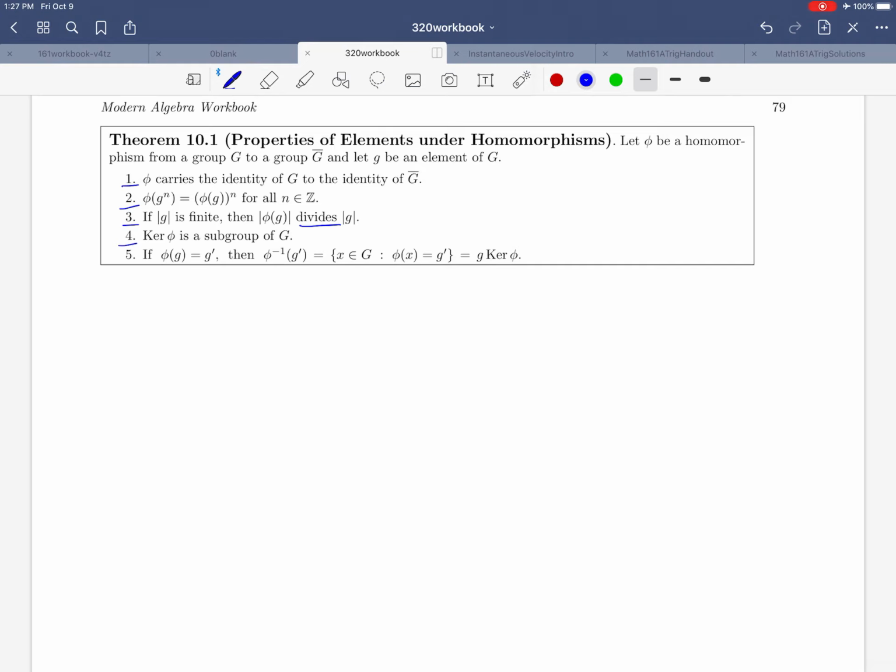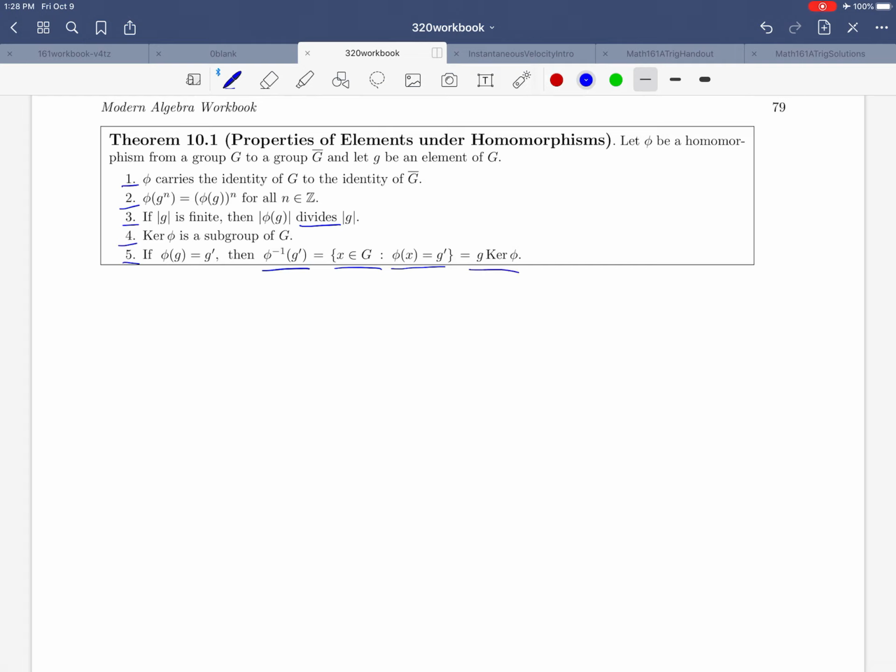And then number 4 is new. We are now talking about the kernel of phi, and the kernel of phi has to be a subgroup of G. And number 5, if phi of g is equal to g prime, then the inverse image of g prime is all the elements in G that have the same image. So all the x in G such that phi of x is equal to g prime is exactly the left coset g kernel phi.